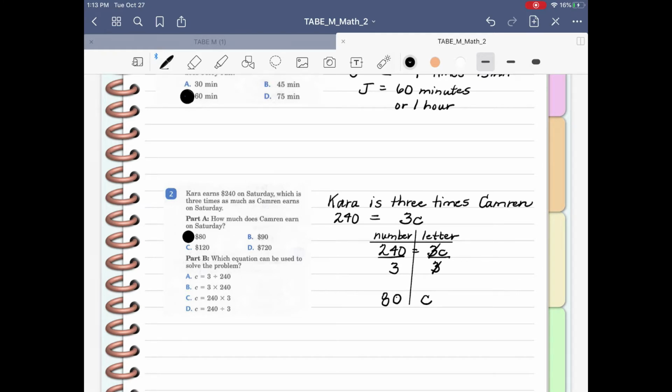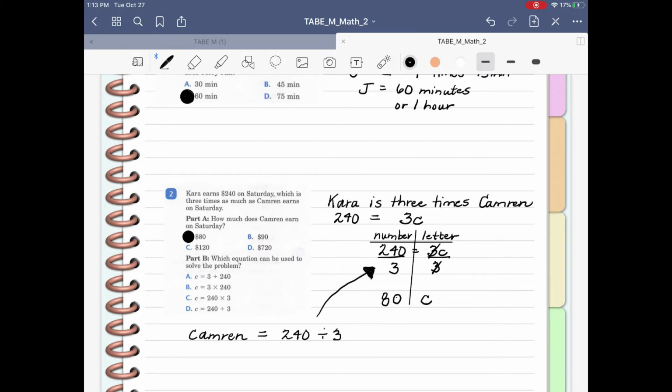And then in part B, they want to know how I found that, or which equation could be used to find that. And that's going to be that Cameron is 240 divided by 3. That's what we did right here to solve our equation.